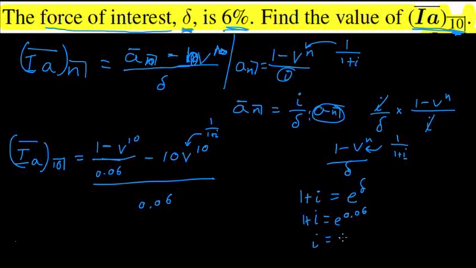So i is e to the 0.06 minus, sorry, not minus 1 up there. The entire thing is minus 1. And that's going to be whatever it is, somewhere around 0.06. So once we've got that, we can really just use Excel and come to some fantastic answer. So I'm going to do that. Hopefully everything all works out.